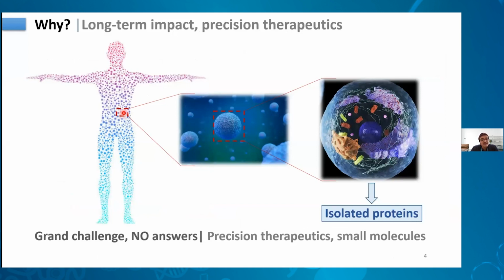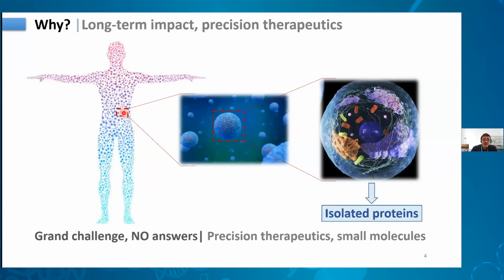Because if we are successful, it could provide a disruptive platform for precision therapeutics, because then small molecules can provide the specificity that has so far been possible only with the biologics, and that would be amazing.